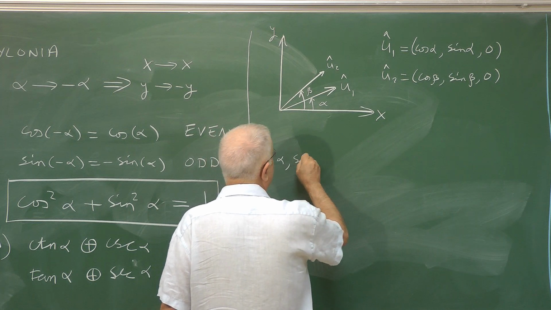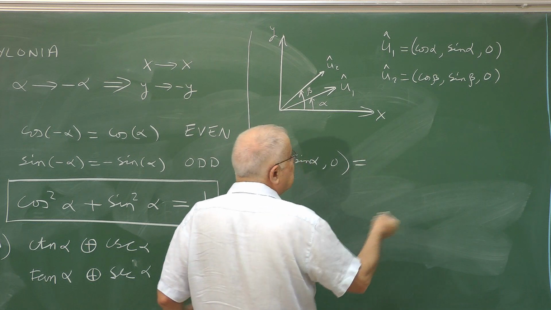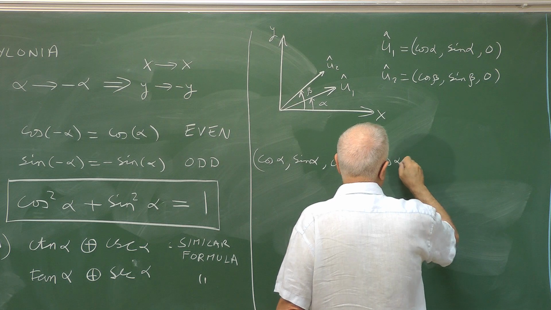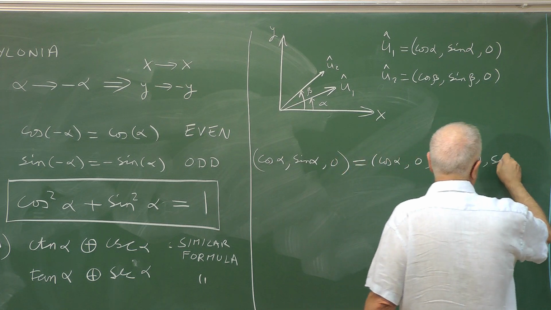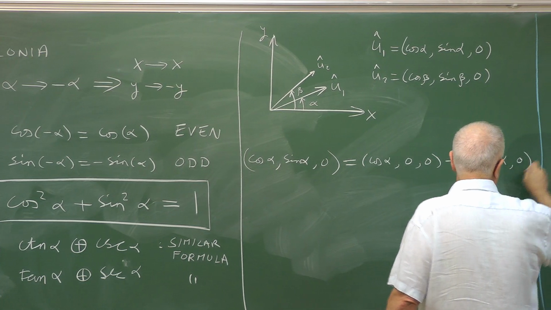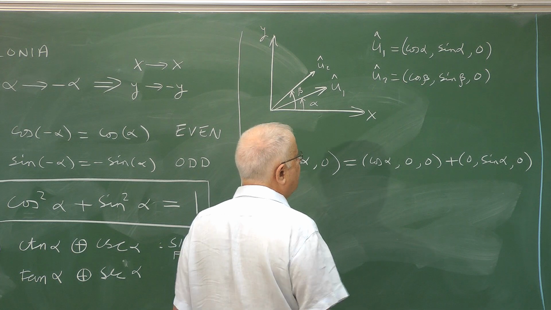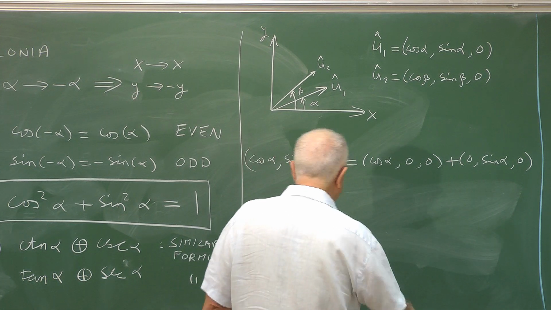Cosine alpha, sine alpha, 0, you can express this as cosine alpha, 0, 0 plus 0, sine alpha, 0, using the basic properties of vectors, namely components are added or subtracted individually.